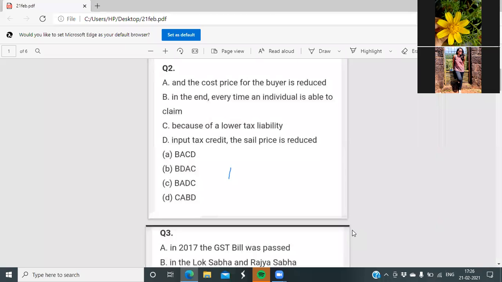In option D, it is stated that because of a lower tax liability and the cost price for the buyer is reduced, the two statements are not making sense together. So whenever you provide any response, at least try to read those statements back to back. Then you'll understand whether it is appearing correct or not. Clear?